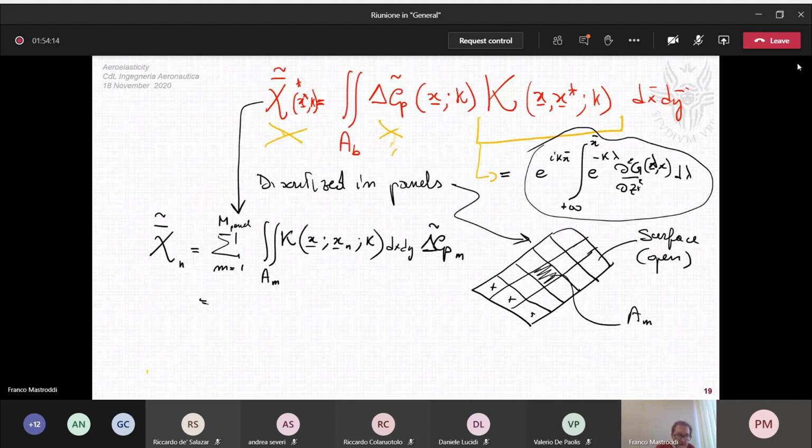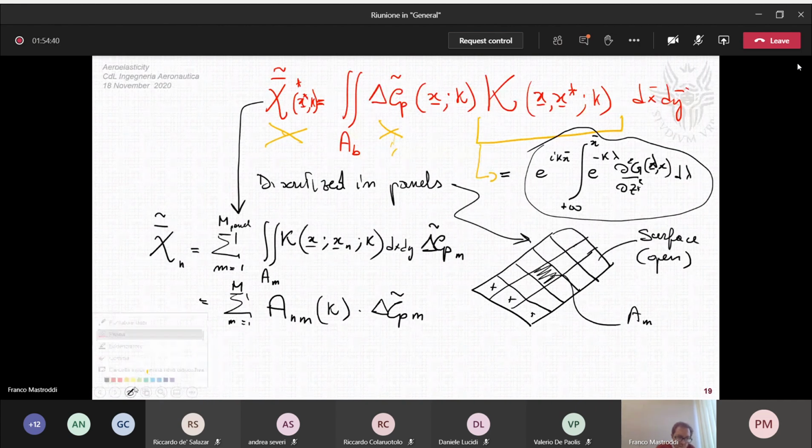So you have a linear relationship between an operator like A nm, function of the frequency, multiplied by delta Cp m, summation m from 1 to capital M. So we have an operator relating downwash and Cp.